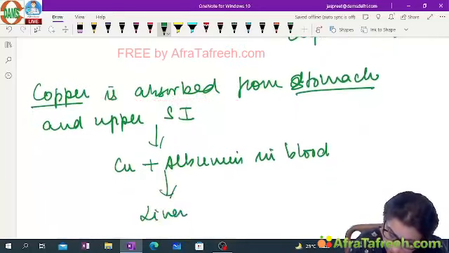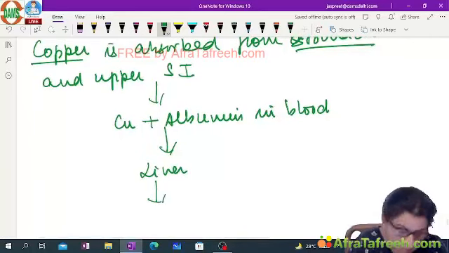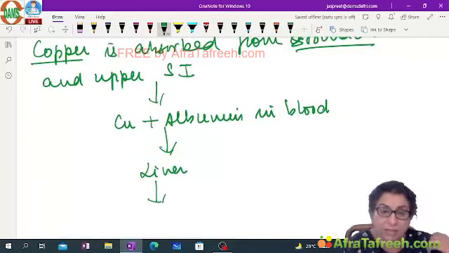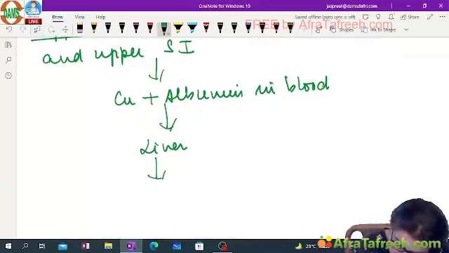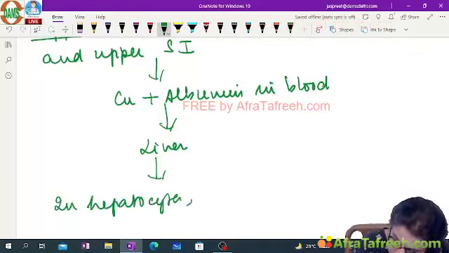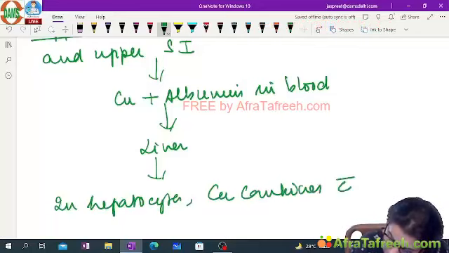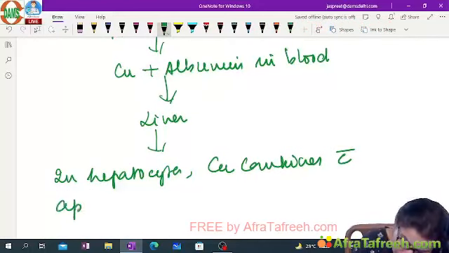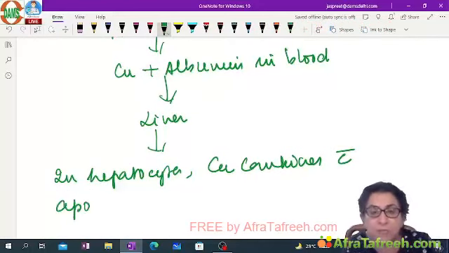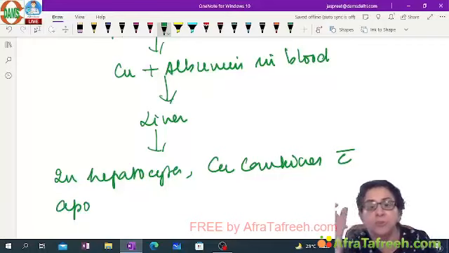In the liver, in the hepatocytes, this copper combines with apoceruloplasmin to form ceruloplasmin. So the copper binding protein is ceruloplasmin. There is something called apoceruloplasmin first.